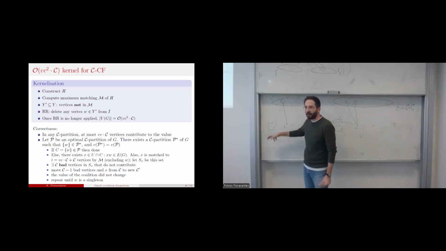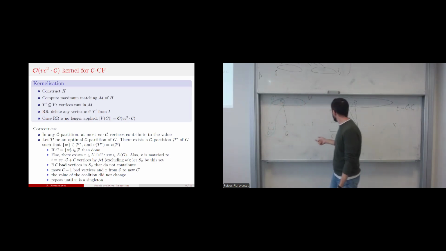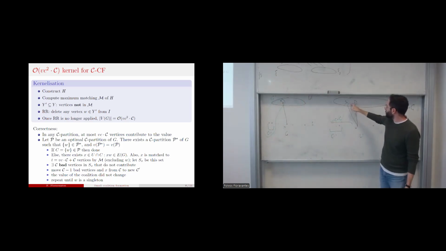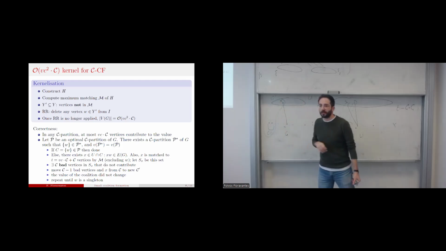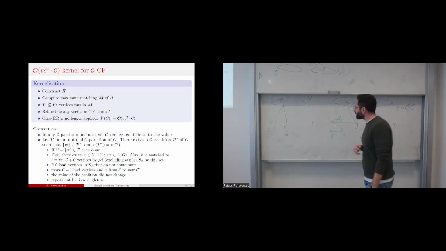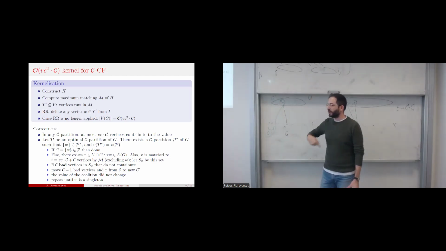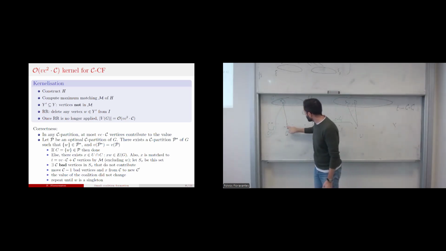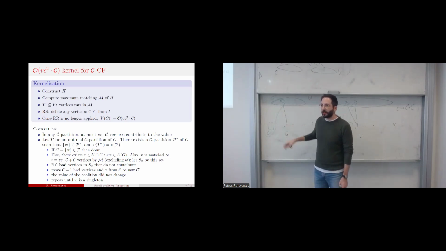These are doing nothing now as well. These were doing nothing before and they were matched to vertices here. So there are edges here. Okay? So basically, this is how I can repeat this procedure until I reach for this guy to be alone in a coalition as a singleton. And then I can ignore it.